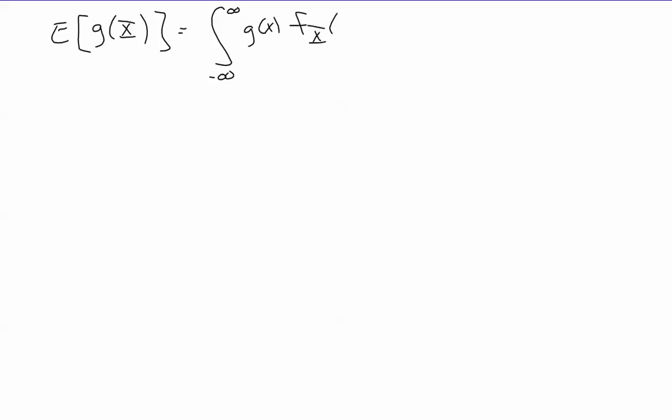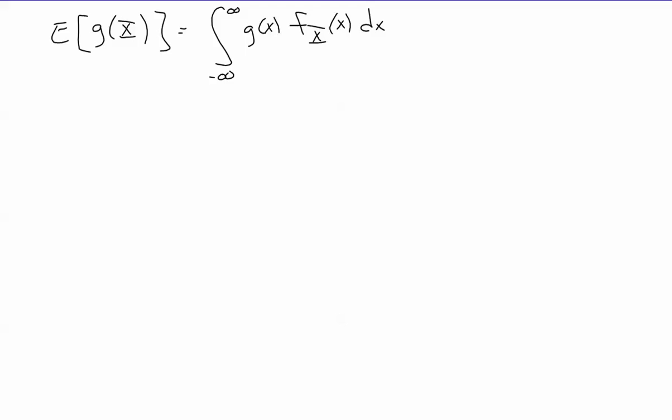So, in general, the expected value of a function of a random variable equals the integral from minus infinity to infinity of g of x times the probability density function of x dx.